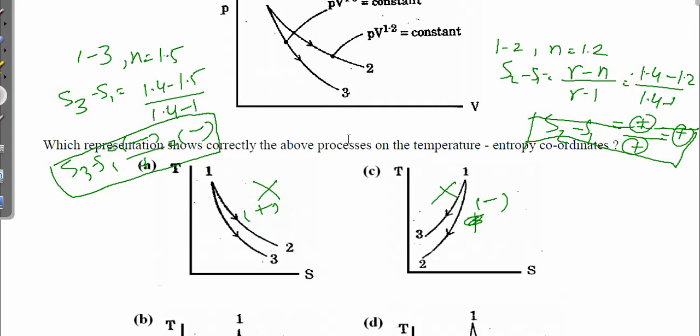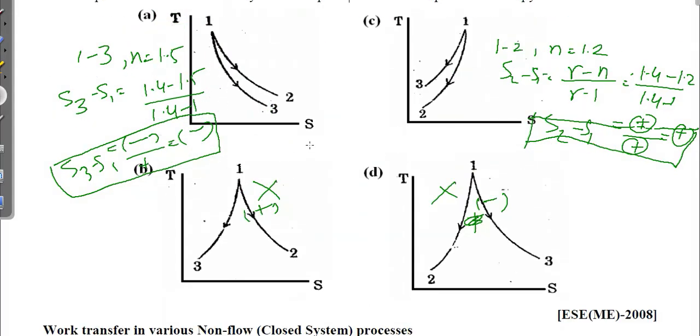Now coming to the other options, in this one 1 to 3 is coming negative because the final entropy is decreasing, and 1 to 2 is coming positive. So option B is right.